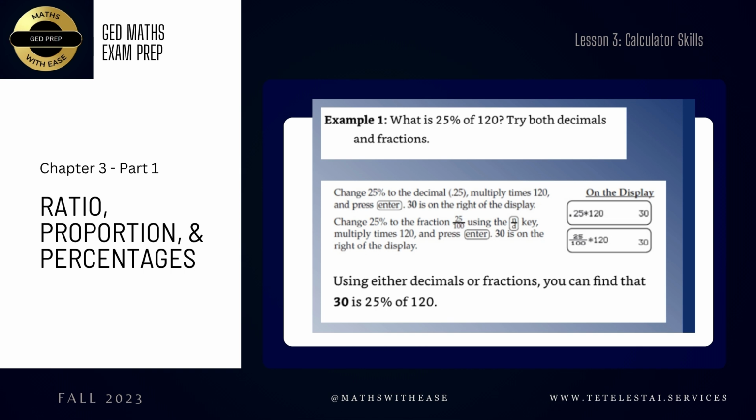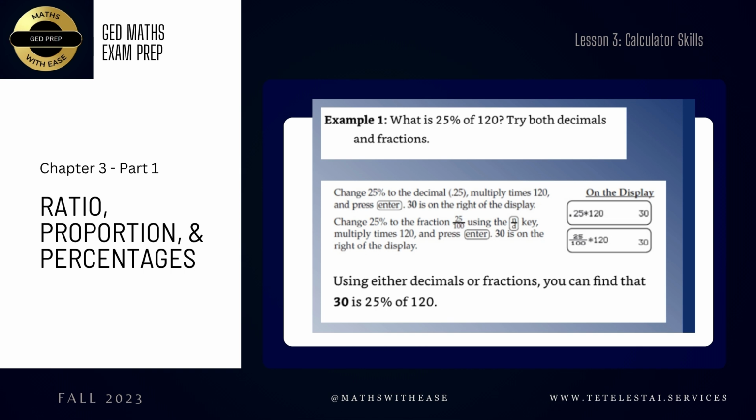So again, you press your fraction key. So the cursor will be blinking above the numerator. You enter 25. Then you press the down arrow. You enter 100. Then you press the right arrow to tell the calculator, okay, I'm done entering my fraction, and my next step is my operation, which in this case is multiplication.